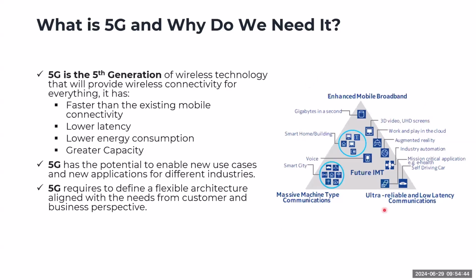And we have three use cases, which are enhanced mobile broadband, meaning higher data throughput and higher capacity; massive machine type communications, meaning massive internet or the Internet of Things; and ultra reliable and low latency communications. These are low latency communication systems up to 1 millisecond, and reliability of 99.999%. Okay, so that is basically 5G.